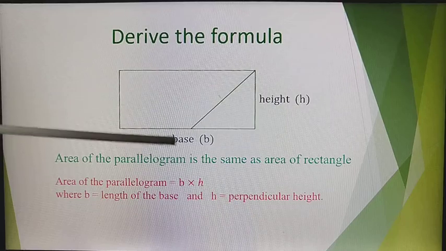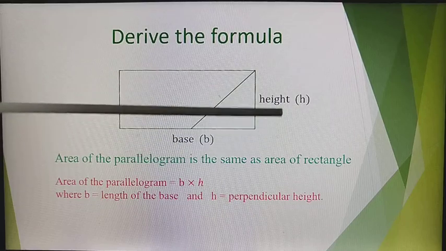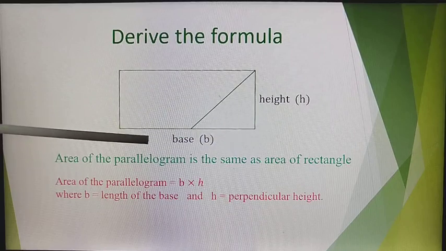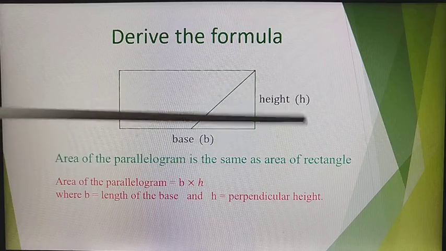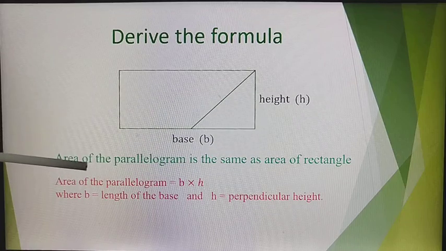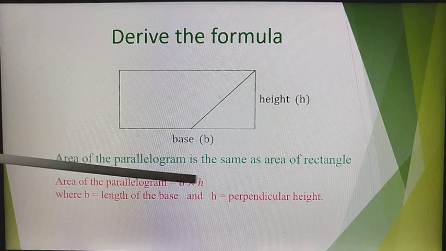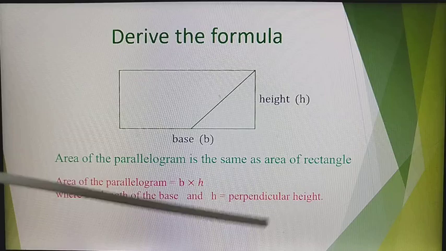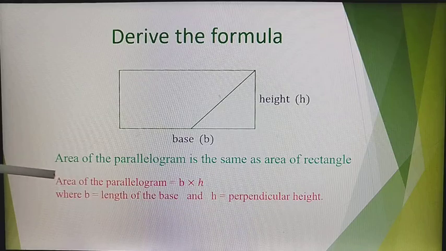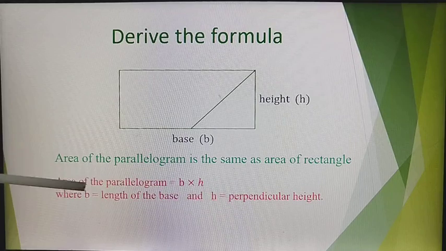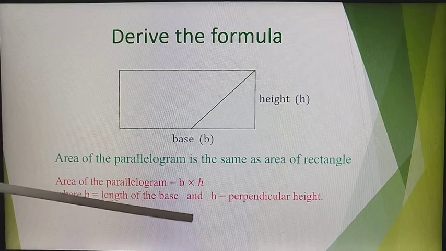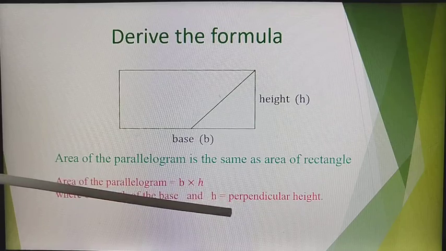The base becomes the length, and then the height becomes the width. So the area is simply my base times my height. The area of the parallelogram is the same as the area of a rectangle. So the area is base times height, where b is the length of the base and h is the perpendicular height.